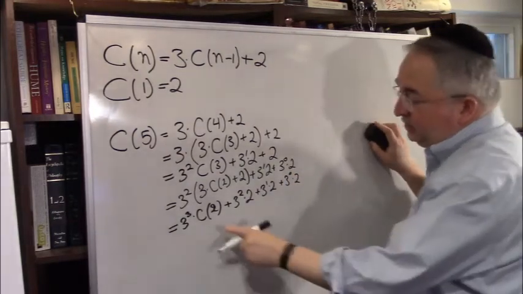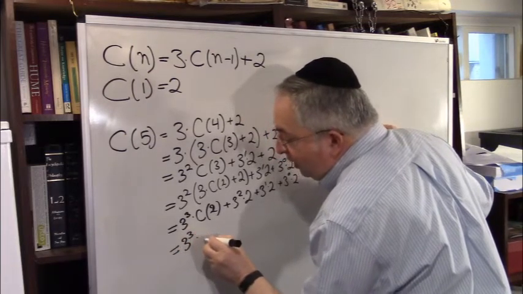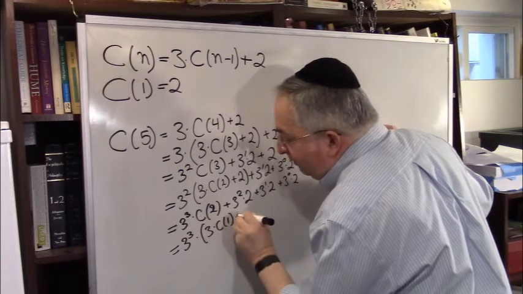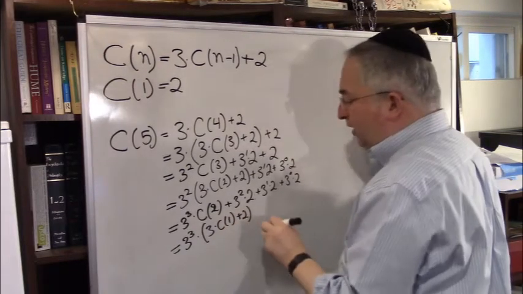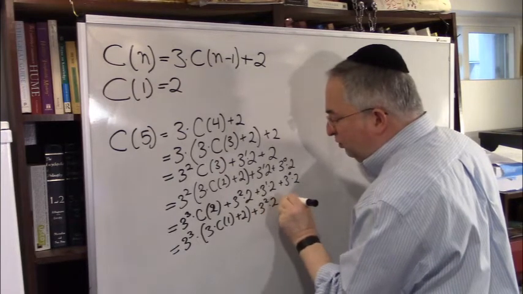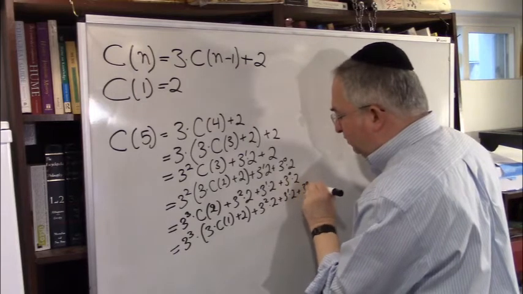Okay, and what's C of 2? This is equal to 3 to the 3rd times 3 times C of 1 plus 2, plus 3 squared times 2 plus 3 to the 1 times 2 plus 3 to the 0 times 2.